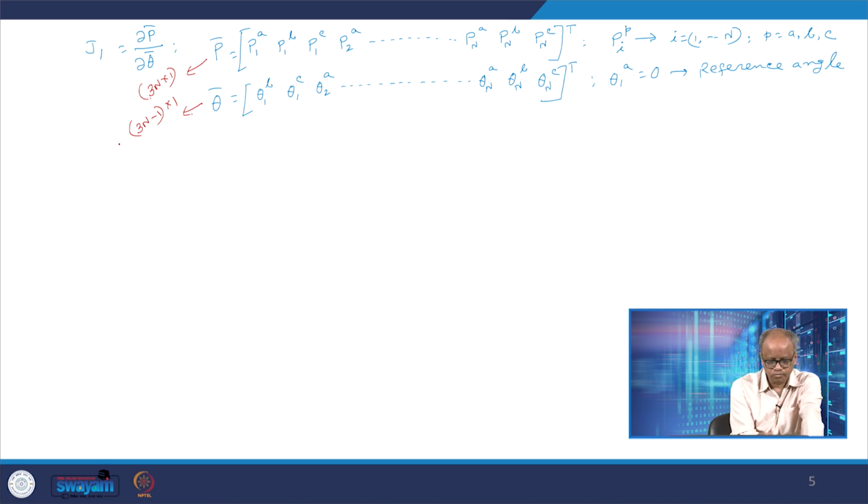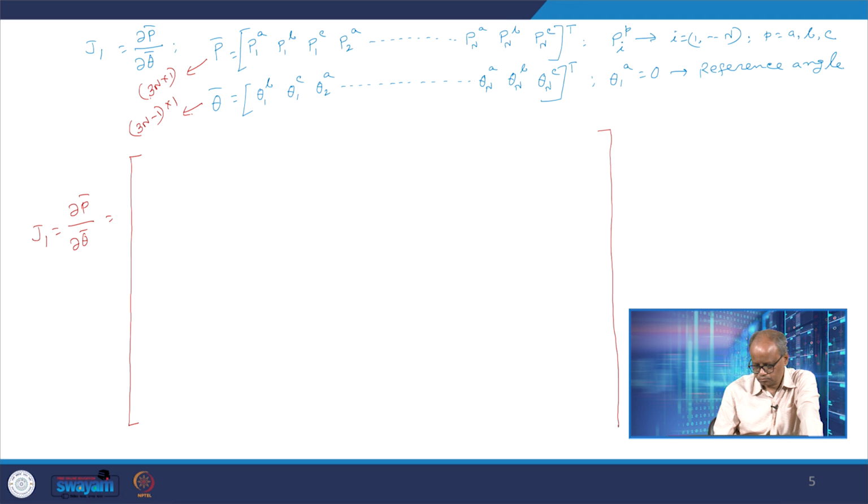So now with this, what will be J1? It will be nothing but the partial derivative of the vector P with respect to the vector theta.